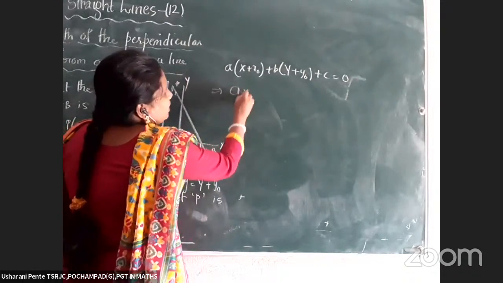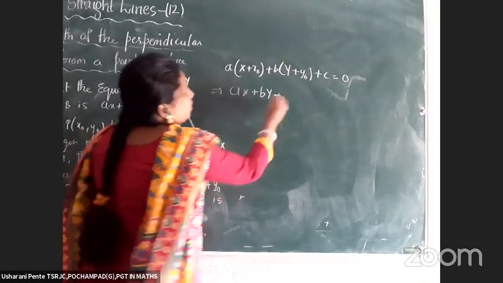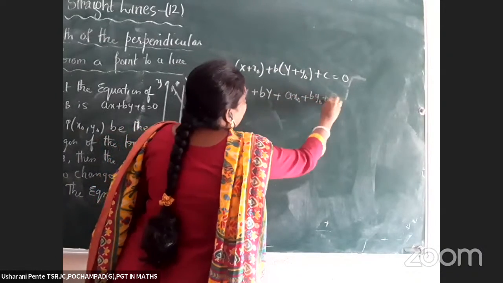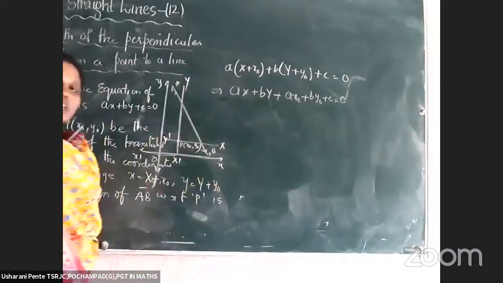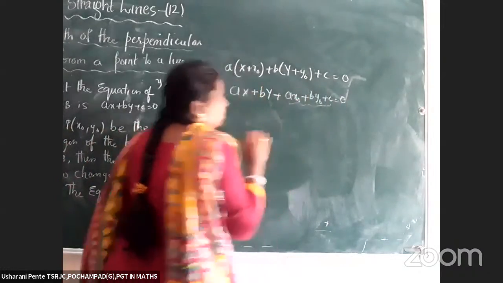That is A capital X plus B capital Y plus, if I write, A x0 plus B y0 plus C is equal to 0. Here this is nothing but the constant C.